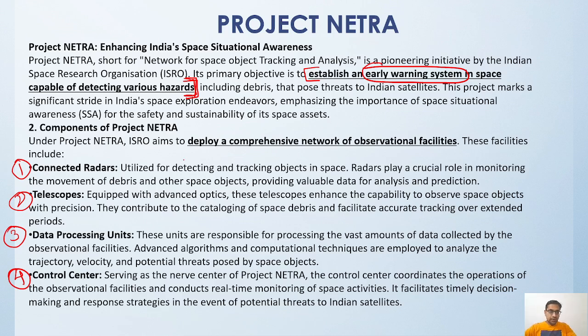As I told you, the connected radars will detect and track the objects revolving around or near the satellites, any space debris or space object. They will provide proper data, analyze it, and predict whether it is going to hit the satellite, or whether it is not going to hit, or whether it is off track.